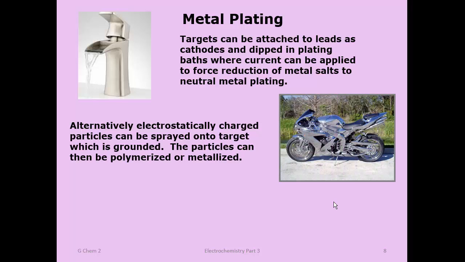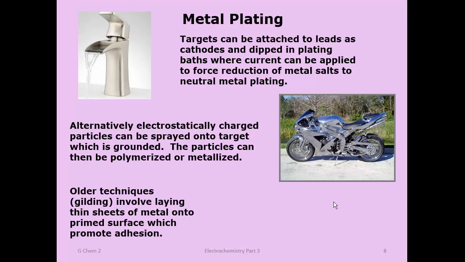Alternatively, if you're trying to get a bigger item electroplated, you could attach leads to the item itself and spray the charged ions onto it, and they could electroplate on the spot. It's kind of electrodeposition.